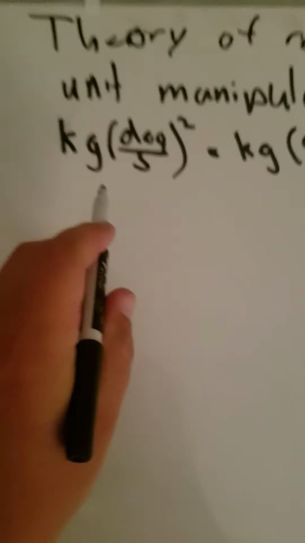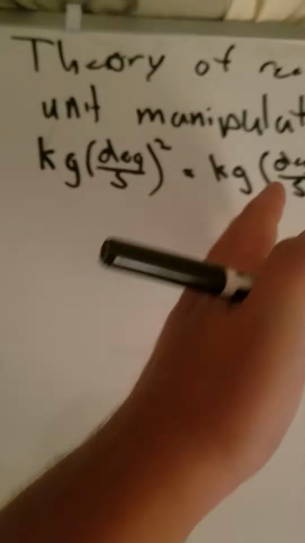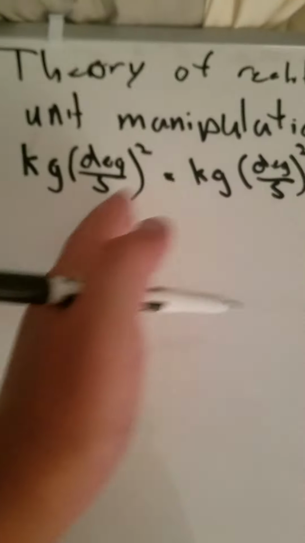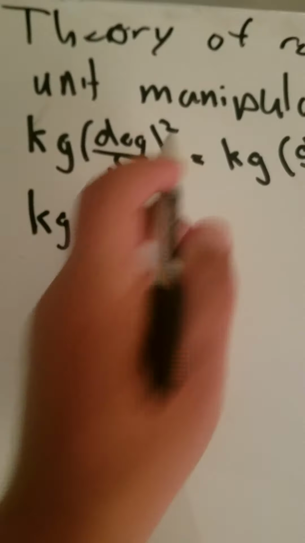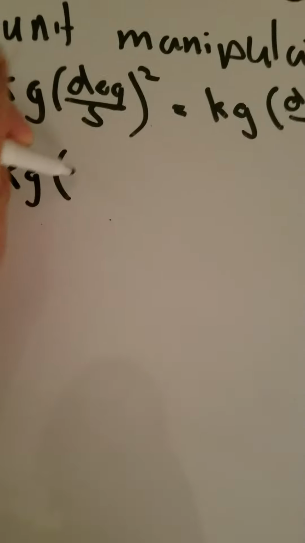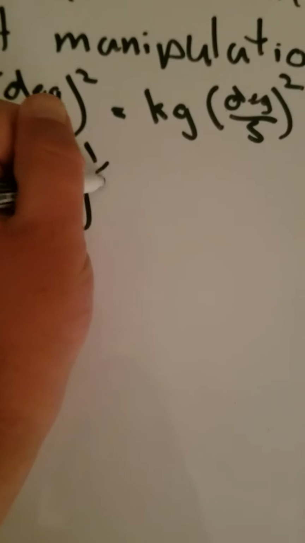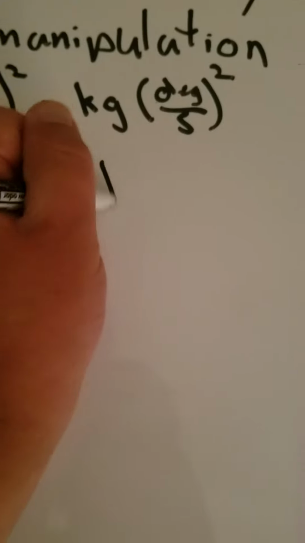Now, if we take the inversion of both of these right at the beginning, instead of only doing the left side, doing both sides with the inversion, the kilograms remain kilograms, but our degrees over seconds turns into degrees over seconds to the 1/2, and that's what we see on the other side as well.